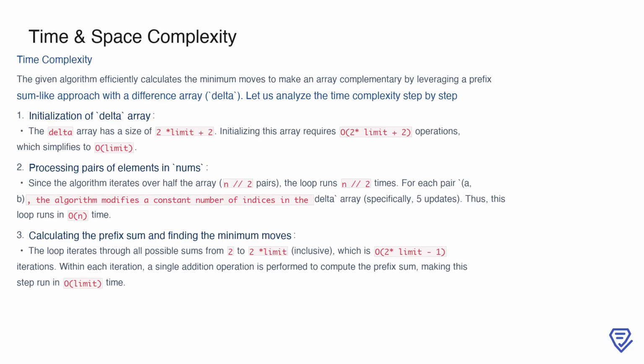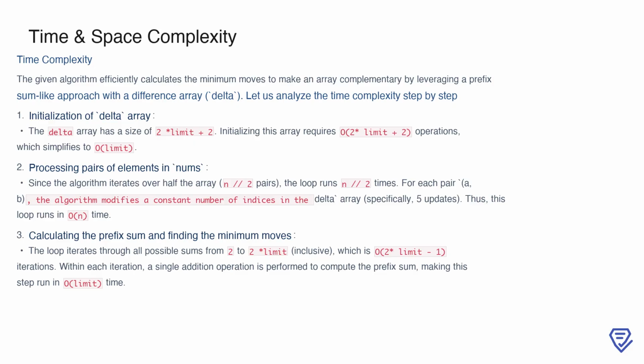Next, we process the pairs of elements in the array nums. Since the array has n elements, there are n//2 pairs. For each pair, A, B, the algorithm performs a constant number of updates, specifically 5 modifications to the delta array. This means the total time for this step is proportional to n.